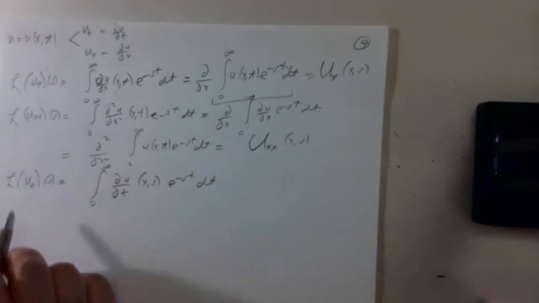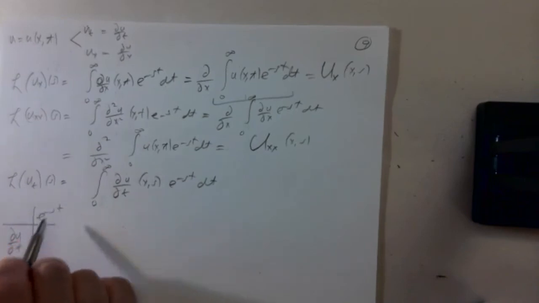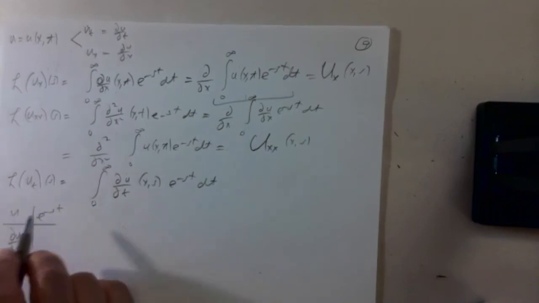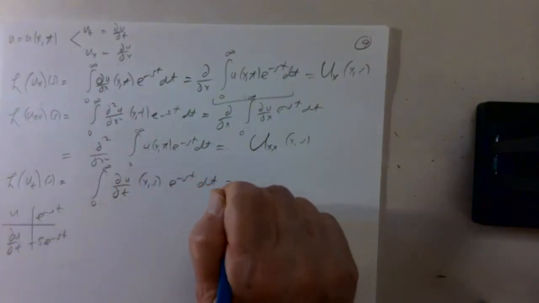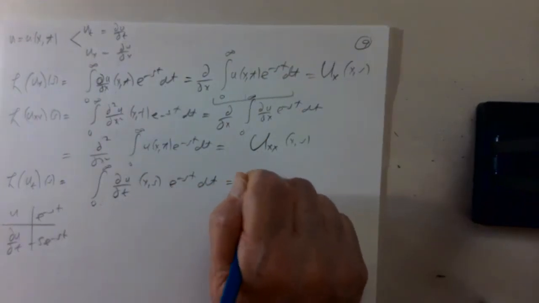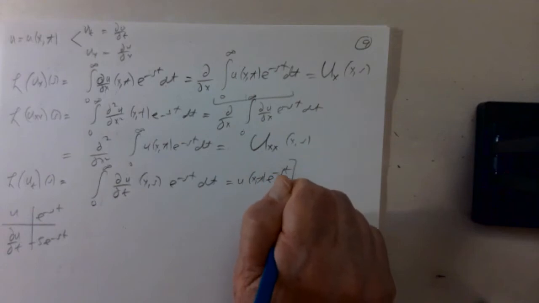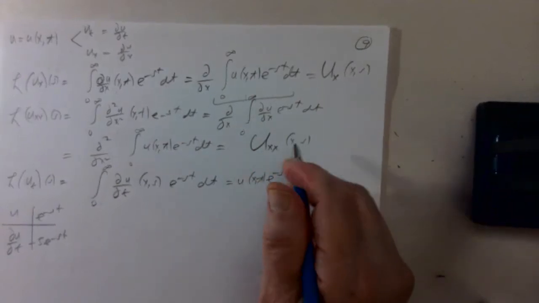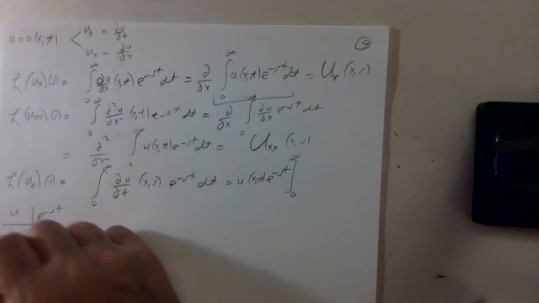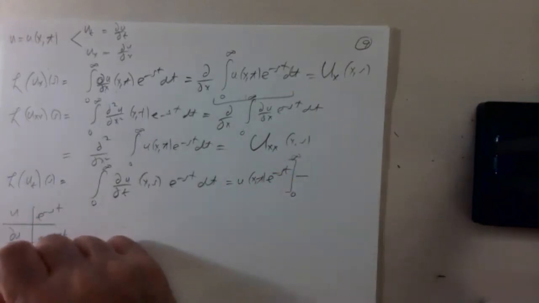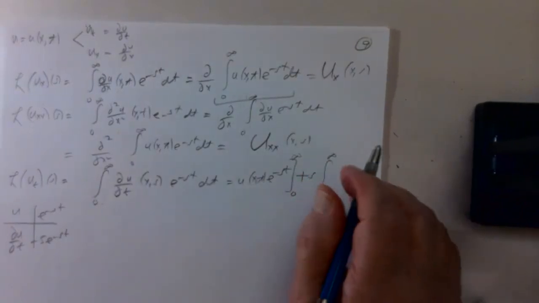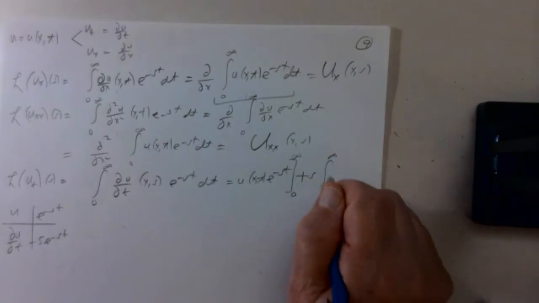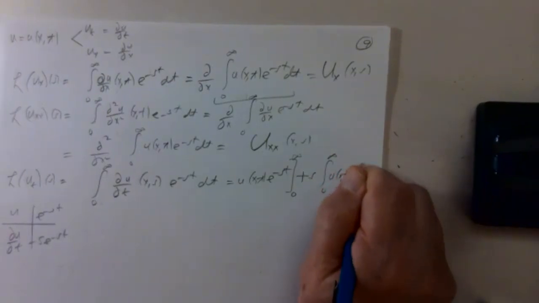If we integrate this by parts, we have the partial of u with respect to t and e to the minus st. The antiderivative of this is u, and the derivative of this is minus s, e to the minus st. We get u of x, t, e to the minus st evaluated from 0 to infinity, minus this integral, which is minus s, so plus s, integral from 0 to infinity of u of x, t, e to the minus st dt.